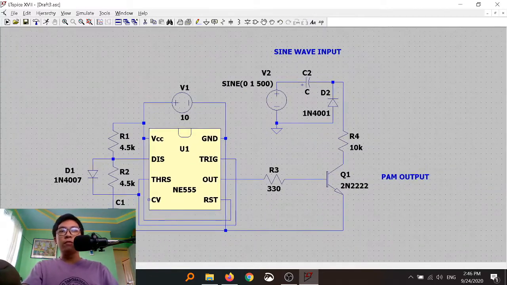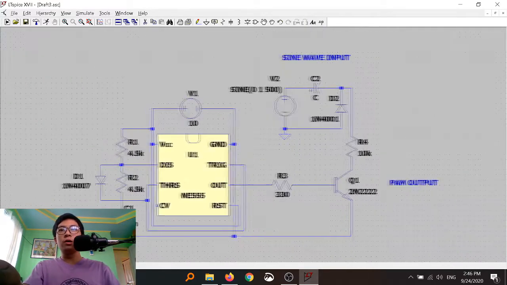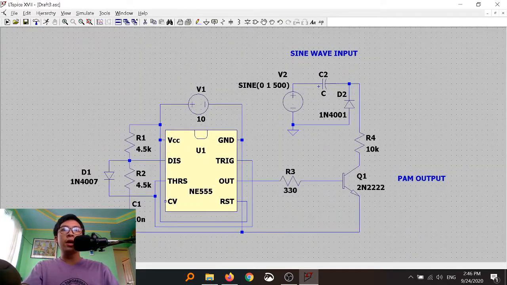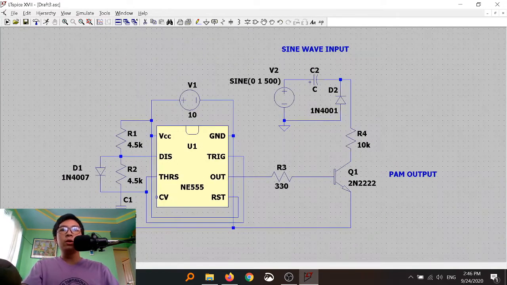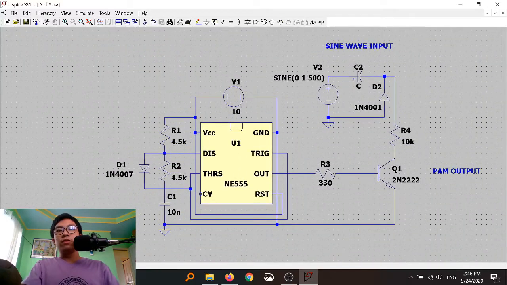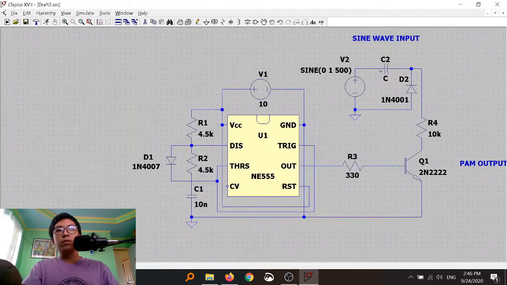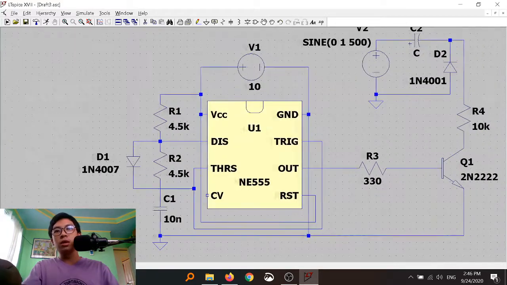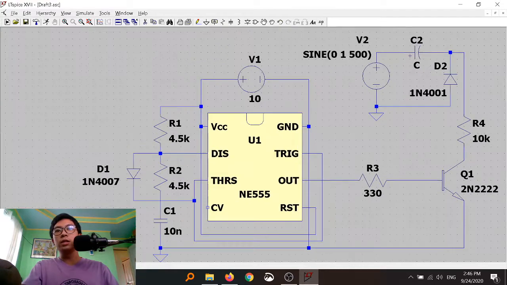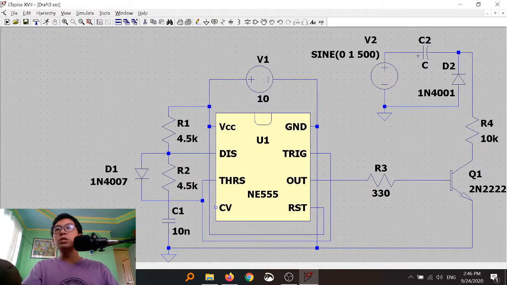So here we have our finished pulse amplitude modulation circuit with a sine wave input. So here we have our 555 timer, 555 timer model, which is idealized as located in LTSPICE as given. And here is a 10 voltage DC source.